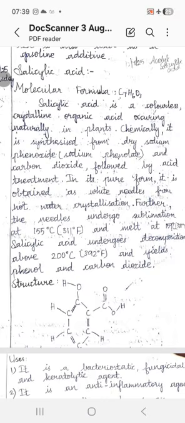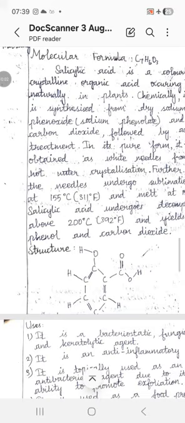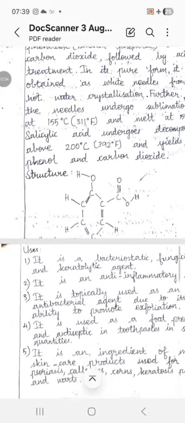The needles undergo sublimation at 155 degrees Celsius and melt at 159 degrees Celsius. Salicylic acid undergoes decomposition above 200 degrees Celsius and yields phenol and carbon dioxide. This is the structure of salicylic acid.